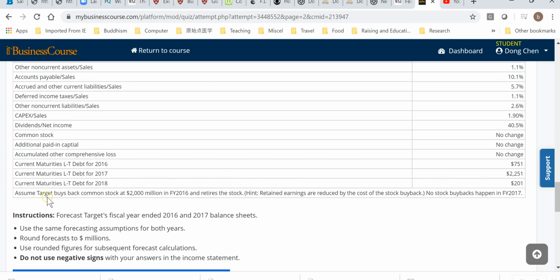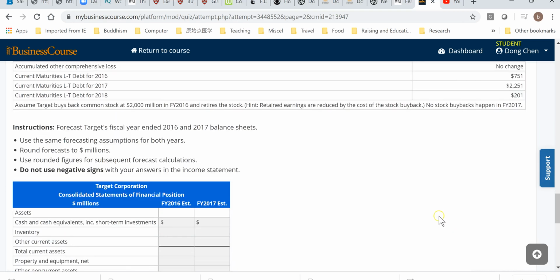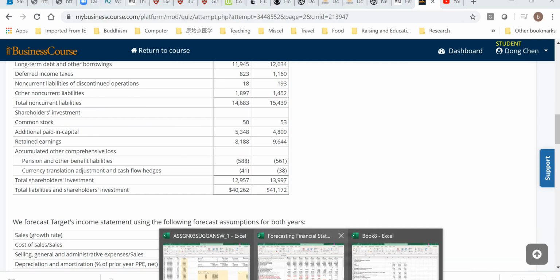Like here, assume Target buys back common stock at $2,000 million in fiscal year 2016 and retires the stock. So this tells us how much the firm plans to retire for fiscal year 2016. And there's no such buyback activity for fiscal year 2017. So with this in mind, we can go and solve this problem.